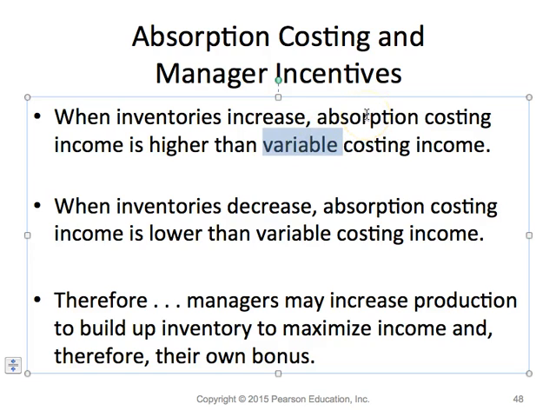Absorption costing does have the fixed cost in here, and variable costing does not. So when inventory increases, absorption income is much higher than variable income. That's basically what it means here.